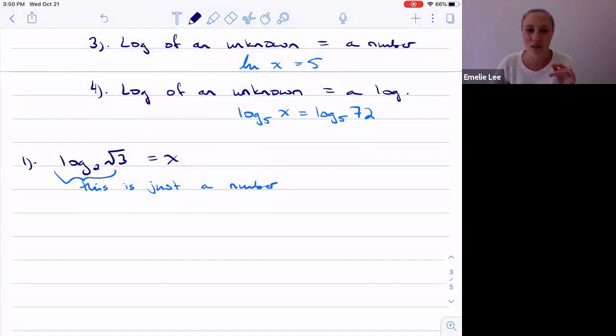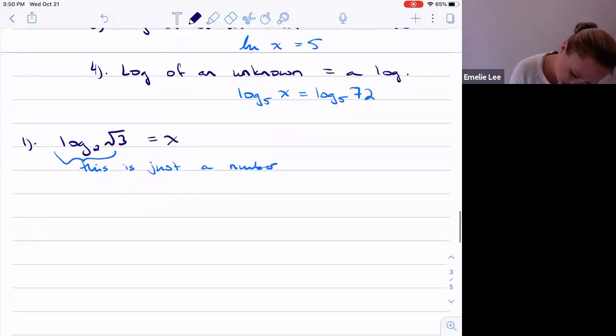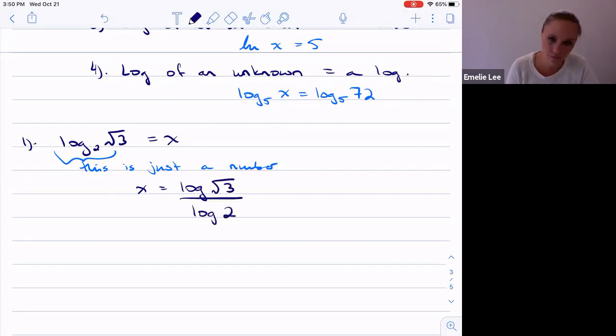And so you could definitely use the, where was that link? The Symbol Lab link that Jaden posted. Or we could kick it old school and say that, okay, well then x must be equal to the log, or the natural log if you prefer, of root 3 over the log of 2.